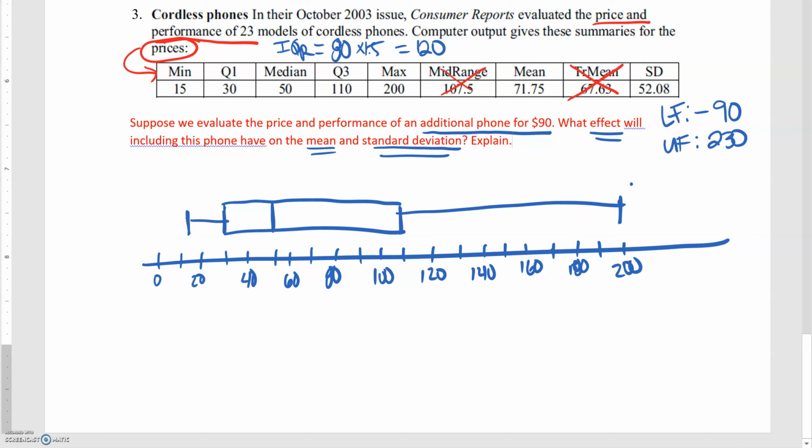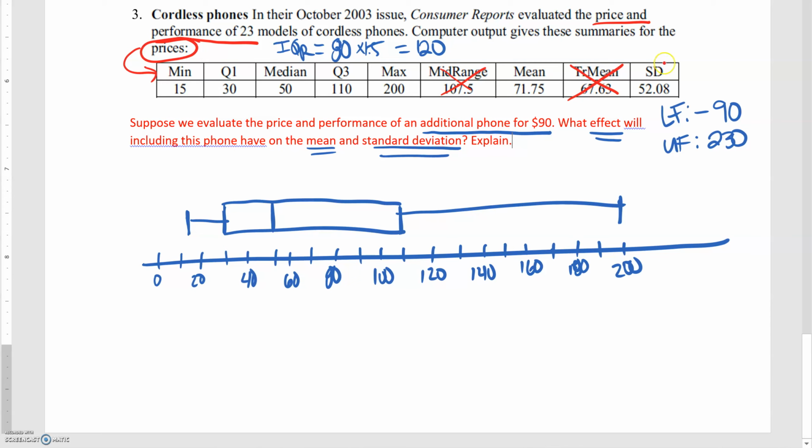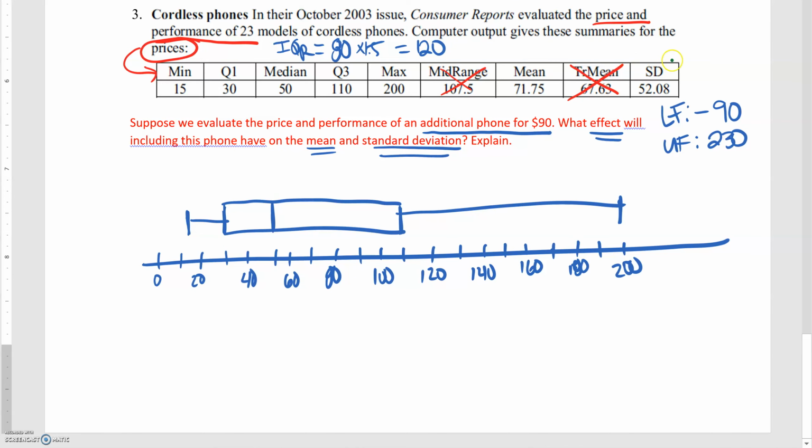Visually you can see the data is very spread apart because it's from 15 all the way to 200. That's a pretty big range, so your data is all over the place, which you can see in the standard deviation. The standard deviation ends up being 52.08. That is a huge number for standard deviation, so your data is very spread apart.